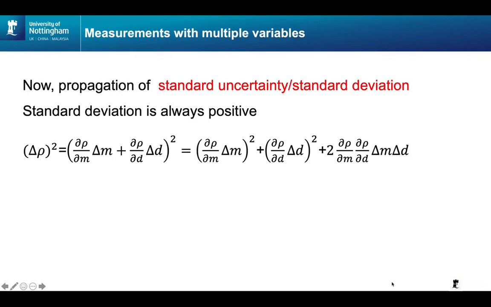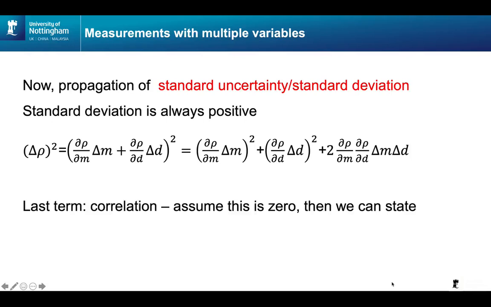So in this case, the delta rho squared, the standard deviation, is (d rho by dm delta m, d rho by dd delta d) squared. So squaring that term, we get the squared terms in each of the terms, and then we also get this correlation term, as it's called, which is 2 d rho by dm, d rho by dd, delta m delta d.